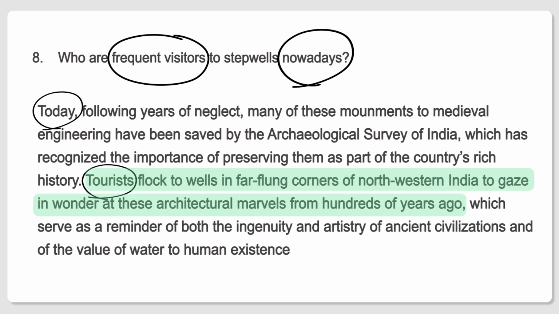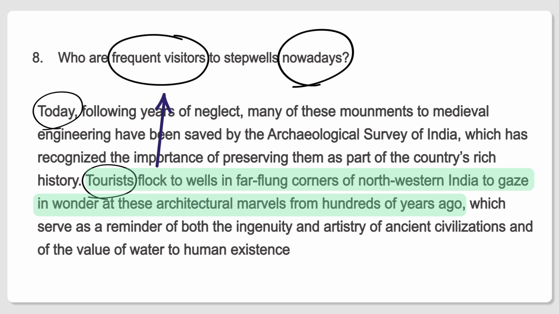Tourists flock to. Flock to means to visit somewhere frequently. So tourists flock to wells in far-flung corners of northwestern India to gaze in wonder at these architectural marvels from hundreds of years ago. We have found flock to as meaning to visit somewhere frequently.